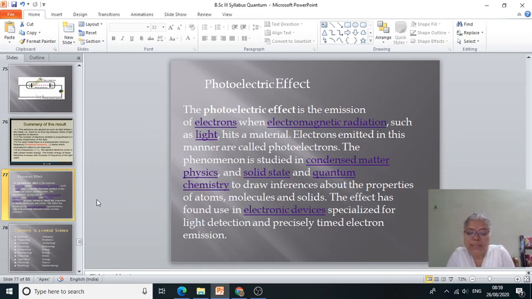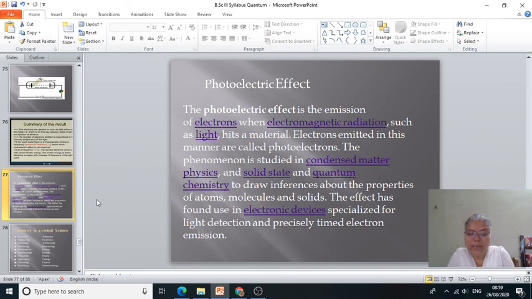This results in an increase of photoelectric current. Even at low intensity, electrons are ejected immediately if the frequency of light is above nu zero. According to classical theory, the energy of light depends on intensity, hence it fails to explain the photoelectric effect.